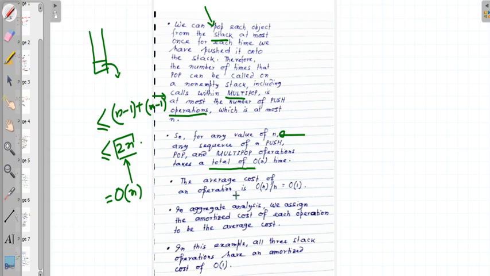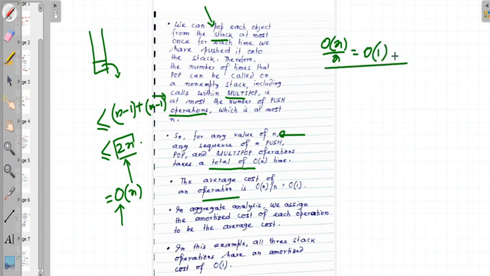Now this is the total cost of a sequence of n operations, where the multi-pop operation is also included. So the average cost will be order of n by n, that is order of 1.